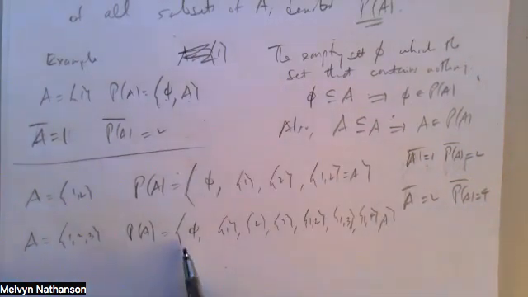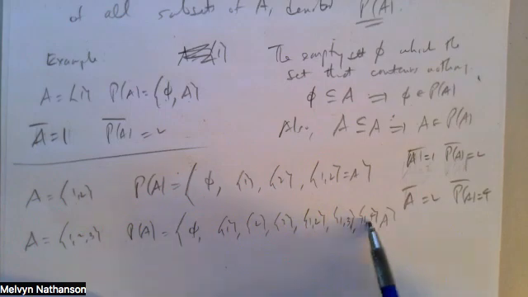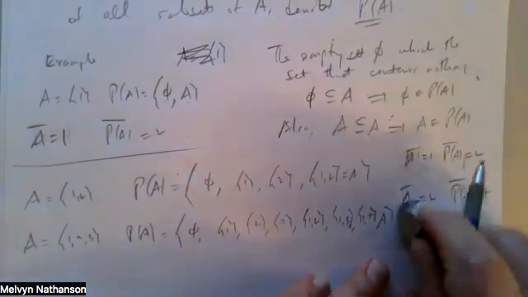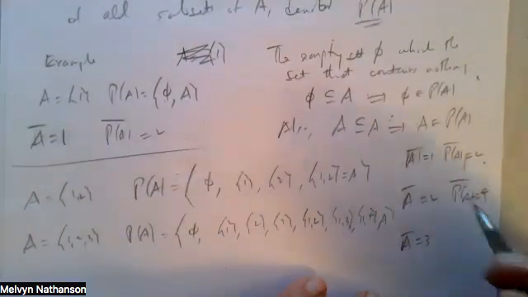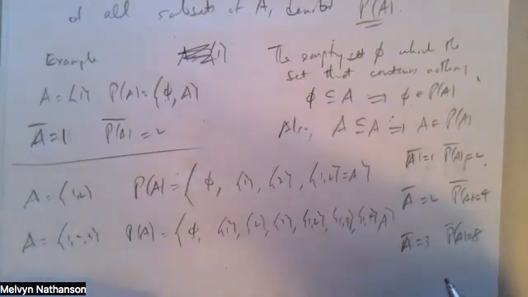So if I count the number of sets in the power set of A, we have 1, 2, 3, 4, 5, 6, 7, 8. So when the cardinality of A is 3, the power set of A has 8 elements.